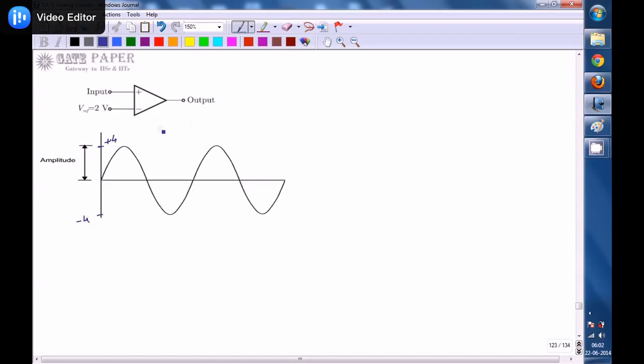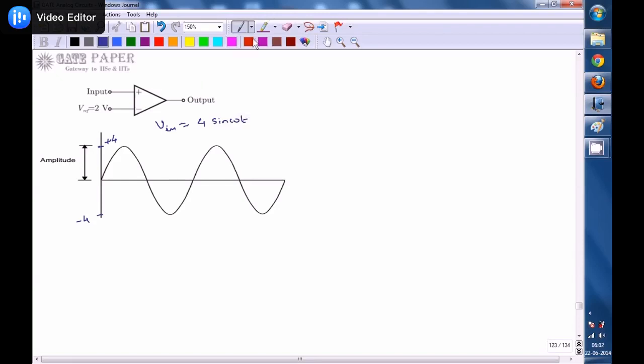And here V input we are going like this. V input is Vm sin omega t, and Vm we can write as the peak value. That peak value is nothing but 4. So Vin is equal to 4 sin omega t, so the sinusoidal signal is oscillating between +4 and -4 sinusoidally, and the reference voltage is at 2 volts.